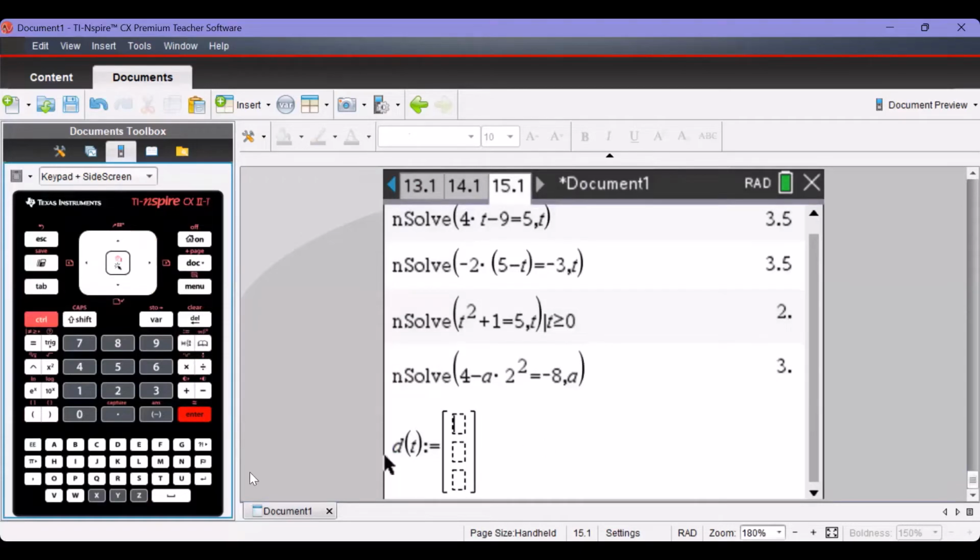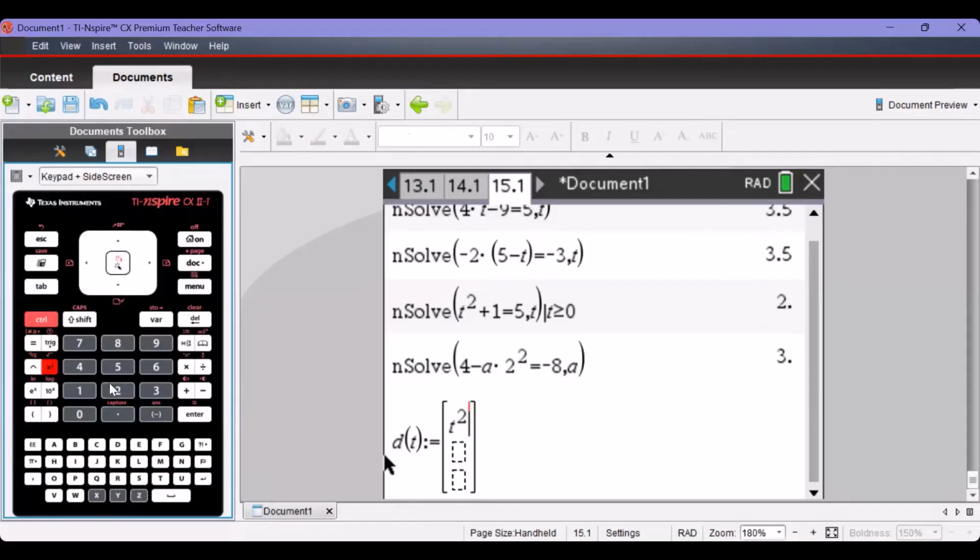And then what we want to do is enter in the components. So the i component, t squared minus 4 times t plus 10. Then the j component, 7 minus 2 times t.